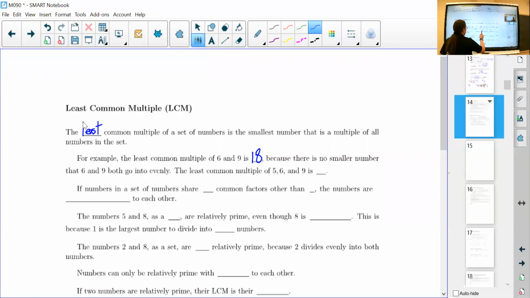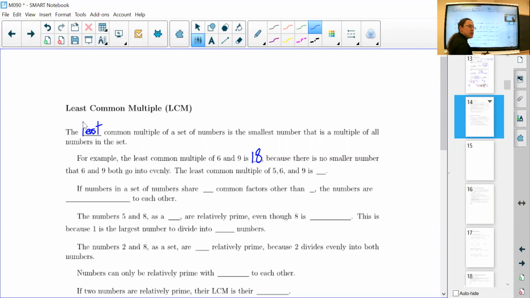The least common multiple of 5, 6, and 9. Feel free to pause this and think about it. You could find the least common multiple of 5 and 6, and then look to see if 9 goes into that. 5 and 6 are relatively prime. We just have to multiply those, we get 30. Does 9 go into 30?